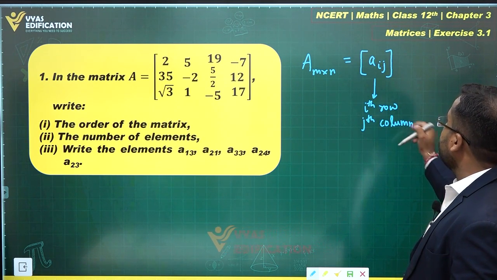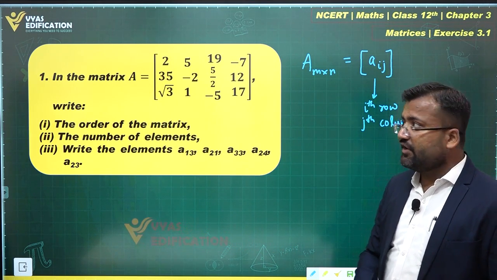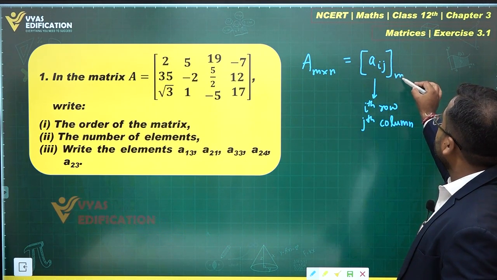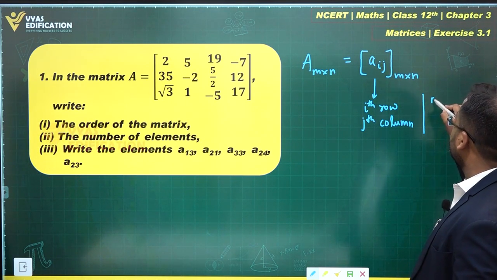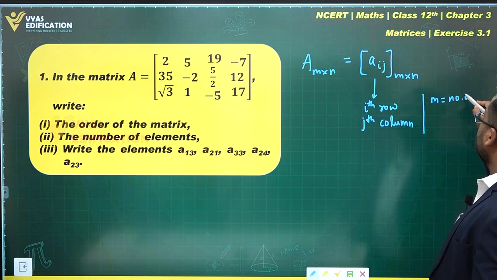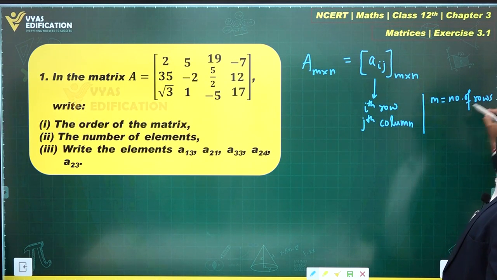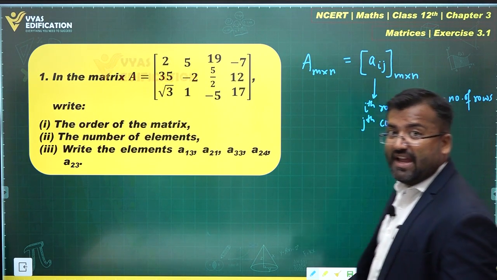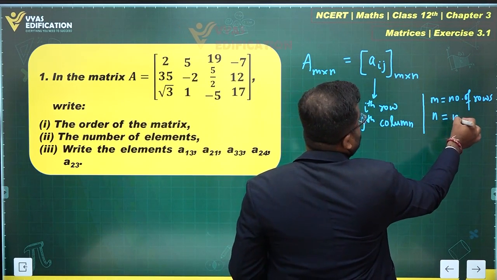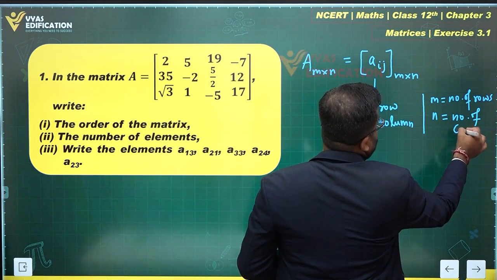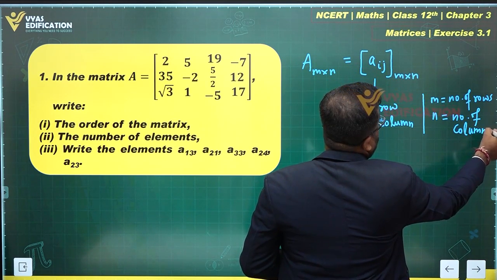The order is m by n, where m represents the number of rows and n represents the number of columns.